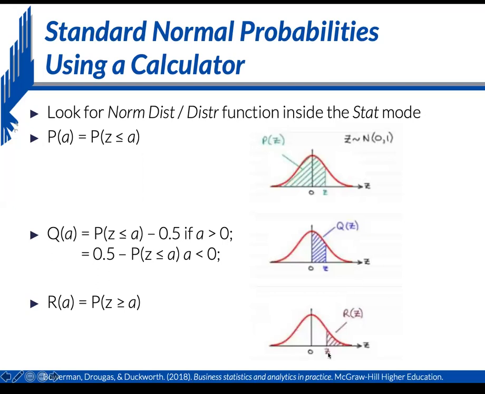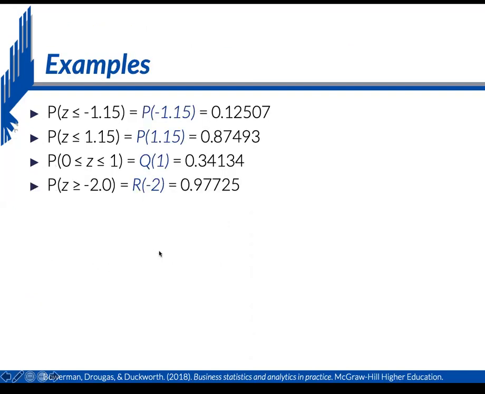So visually, if this is the z-score that you input using your R function, the function will give you this total area. So these are some of the functions that you can find in calculators with the standard normal distribution functions.